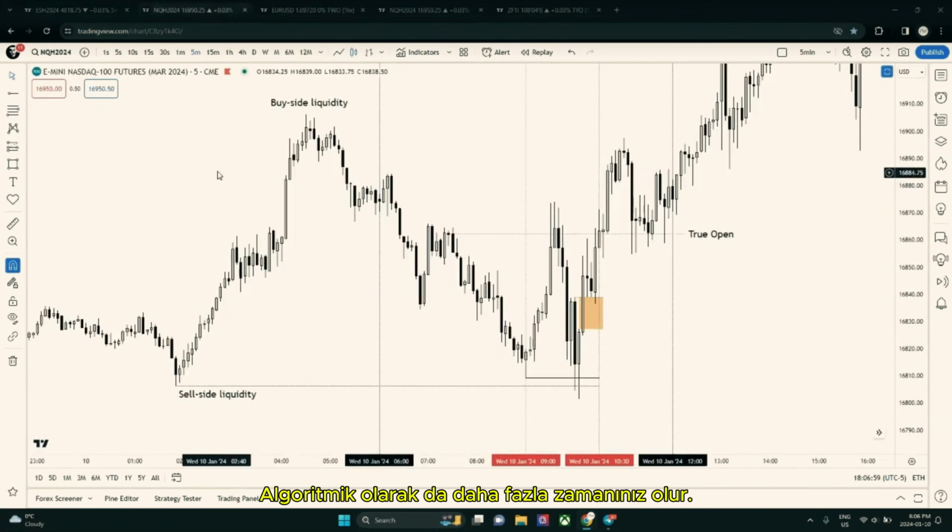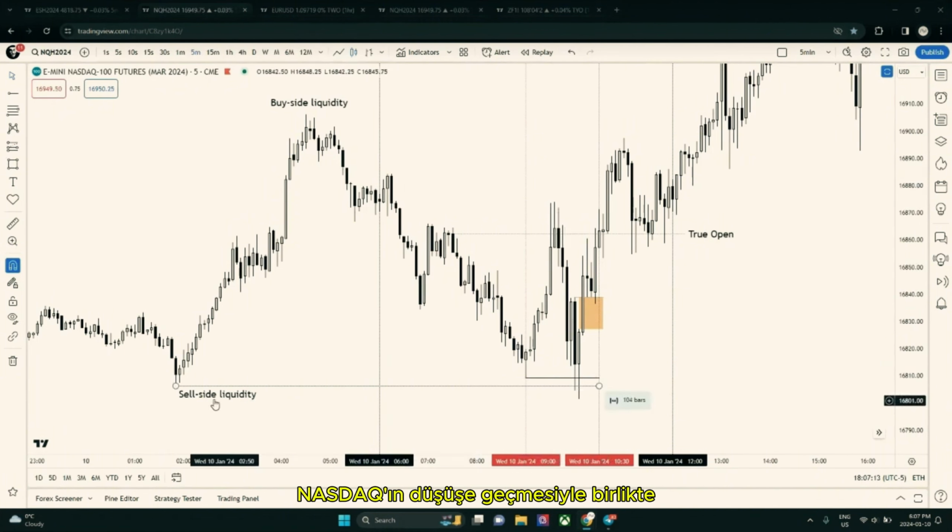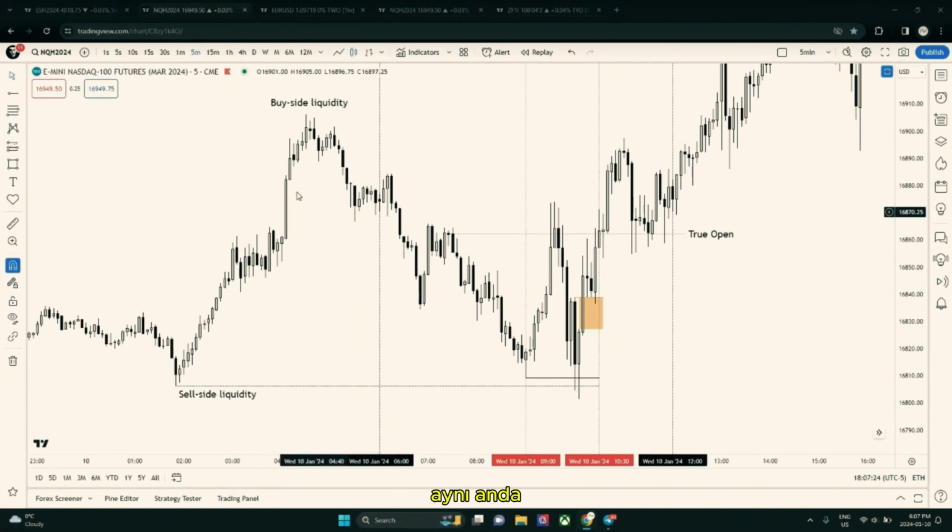Also, you have a higher time frame SMT, which if you look at the 1 hour time frame, you will see. I'll leave you guys to do this in your own charts. Here you have the NASDAQ making a lower low here as well, while making a lower low here. So right here you have SMT occurring twice at the same time.